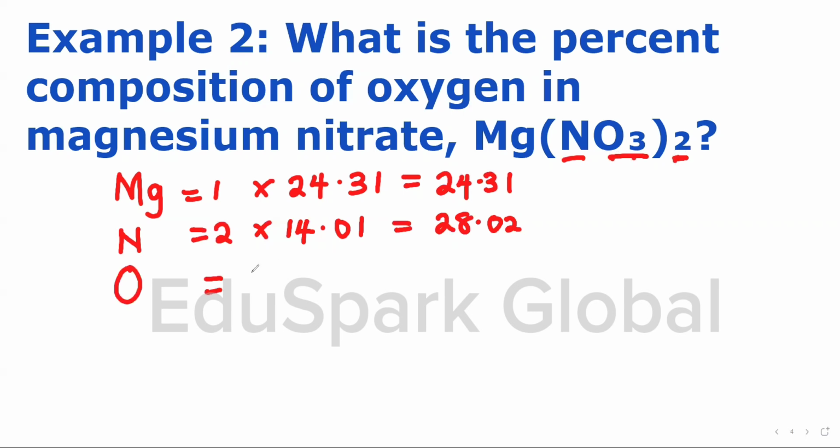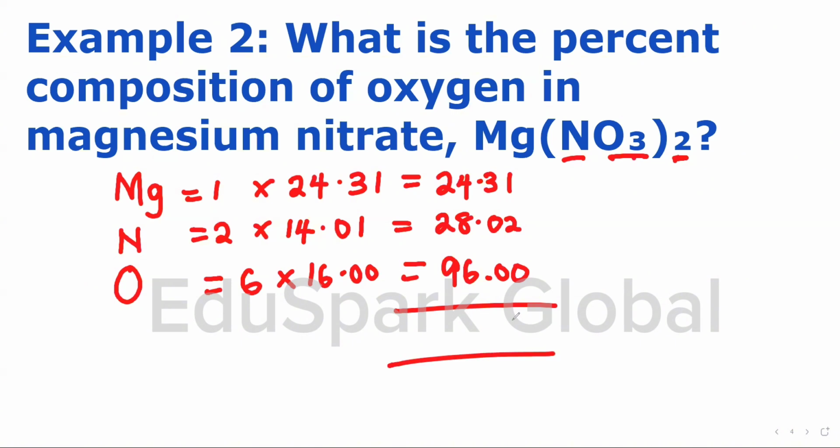So 3 times 2, that is 6, times 16. So 16 times 6 will give us 96. So if we add them up, we will have 148.33. That is the molar mass of Mg(NO3)2.